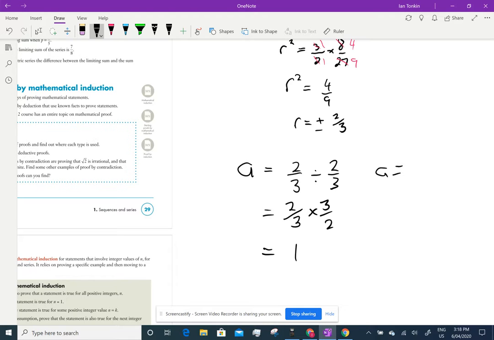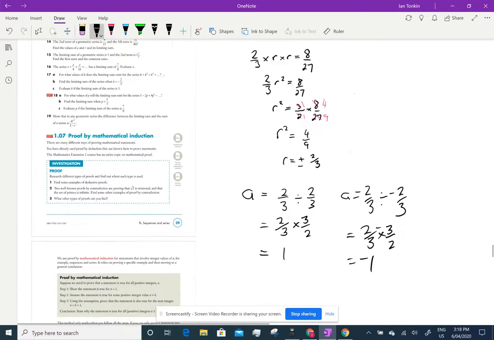Or a equals 2/3 divided by negative 2/3, which gives me 2/3 times 3 on 2, negative 1. So there are two possibilities for that.